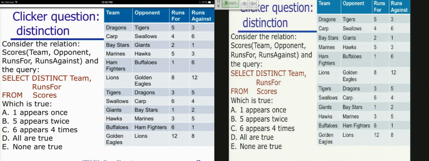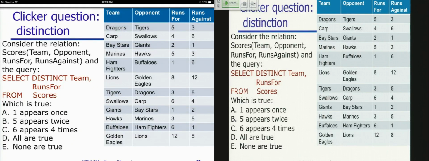If you take out the team and say distinct runs for, then you will only get 1, 5, because then it's an exact match, and you will only keep one of them. And that would mean that I want the whole tuple to be distinct, not a specific attribute.